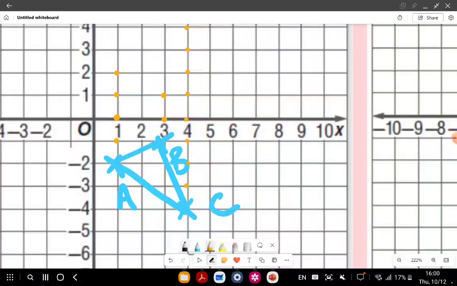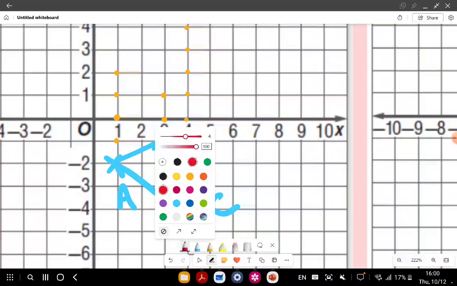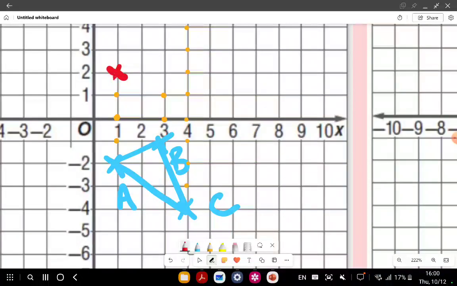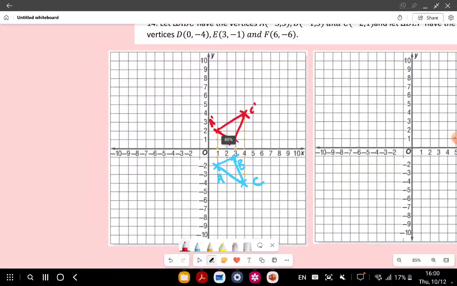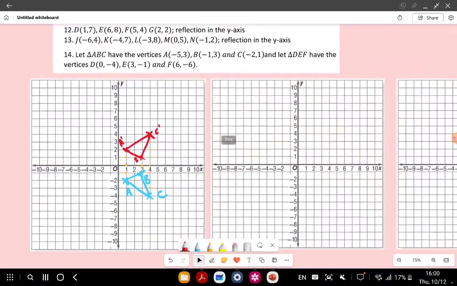So my red triangle is actually going to be over here. That'll be A1. This one is going to be B1. And this over here is going to be C1. Now connect them. Make that smaller. And then you can have a look and see.